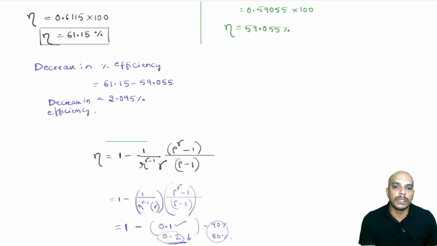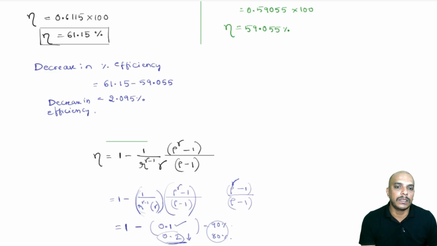When do we think that this value will be lesser? Now, if we increase the cutoff ratio, there is rho in the numerator and rho in the denominator also. The numerator increases, the denominator also increases, but please understand that this is increasing at the power of 1.4. The numerator is increasing much faster than the denominator.